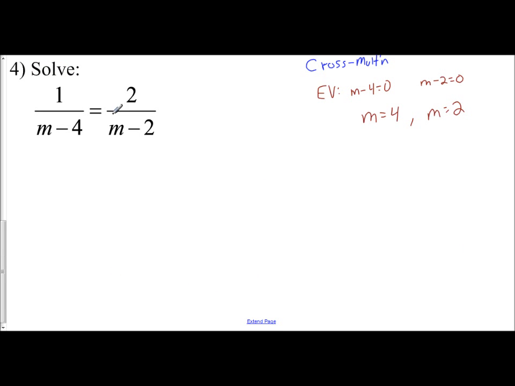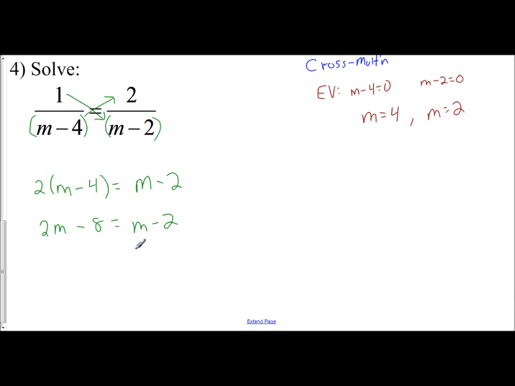So let's cross multiply. I'm going to take 1 times the expression m minus 2. Well, 1 times anything is itself, so 1 times m minus 2 is m minus 2. I'm then going to take the expression m minus 4 and multiply it by 2. So I have 2 times m minus 4 equals m minus 2. I would distribute and get 2m minus 8 equals m minus 2.